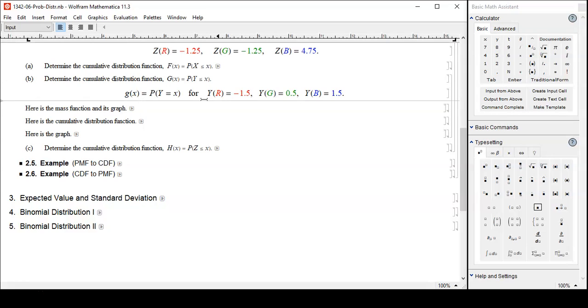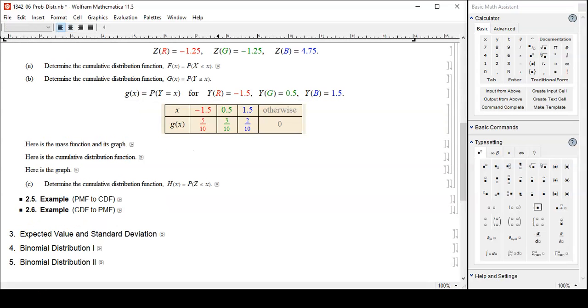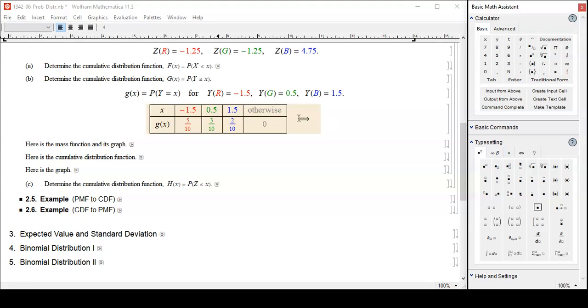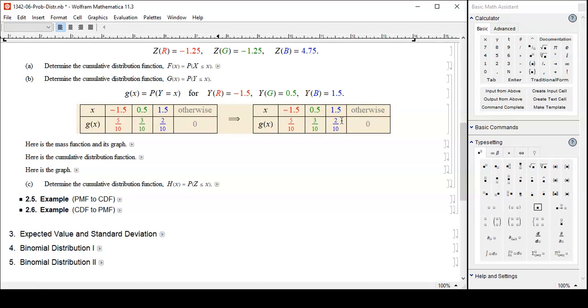Okay, from here, let's copy and paste this thing. Now, let's get the cumulative distribution function. Okay, let's consider the cumulative distribution function. All right, we have x values of negative 1.5, 0.5, or 1.5. And these three numbers divide the number line into 4 pieces.